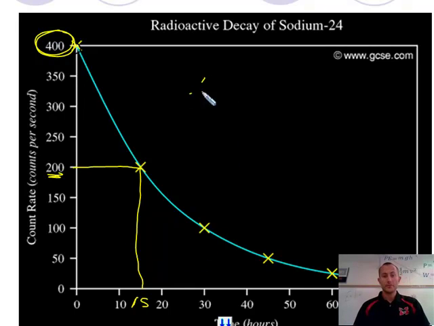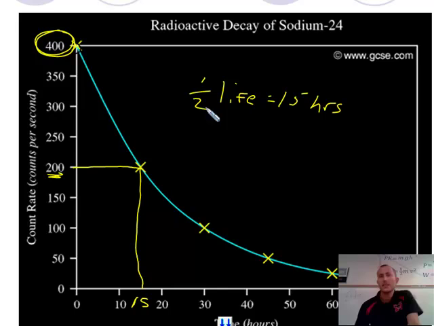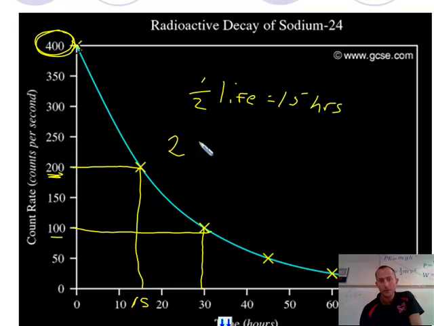So the half-life is going to be 15 hours. And now, what we should then see is after another 15 hours, we should have half of 200, which would be 100. So if we come down to 100, and we come across, here's our little x, we come down, and sure enough, after 30 hours, after 2 half-lives, we have half and half, so we have 1/4 of the original sample.